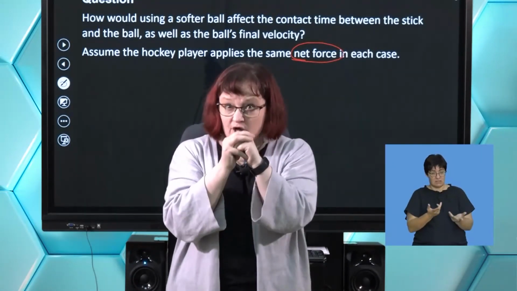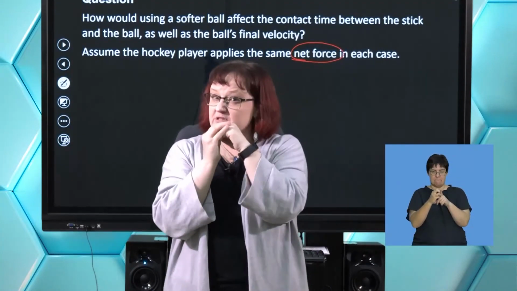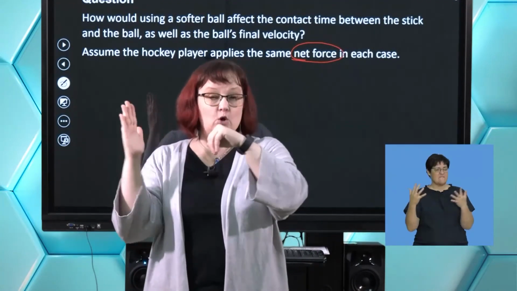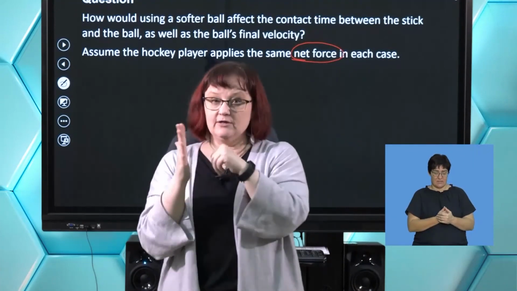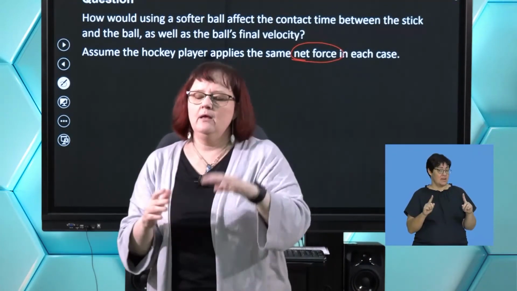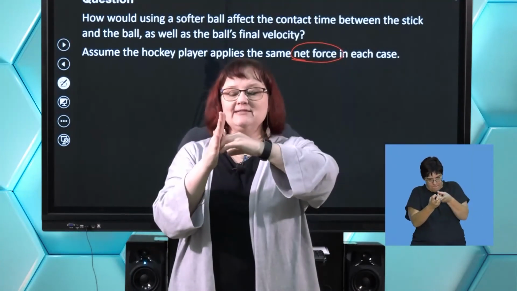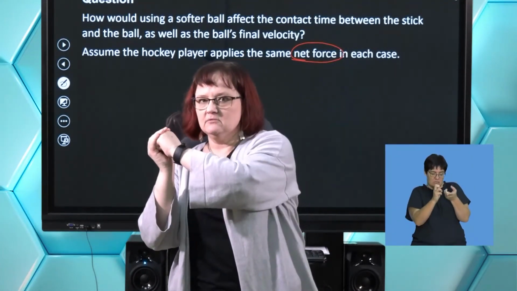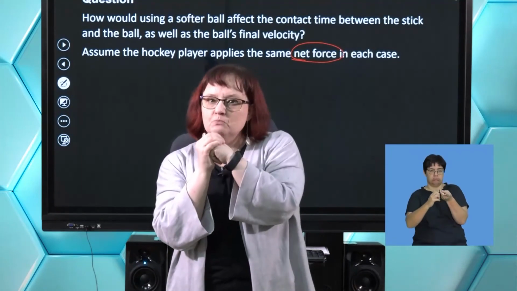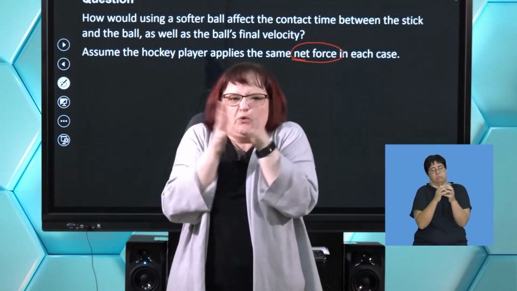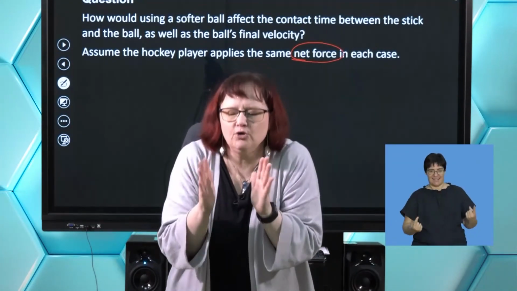If it's a hard ball, it deforms a small amount, and it's a quick contact. It makes it in contact for a quick time, okay? But if we use a softer ball, the contact time is longer, okay? So it deforms more. It actually squishes more, and you can't see it.